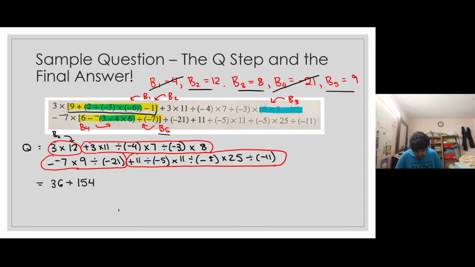Then the next circle we have, again, we can decide if it's positive or negative. In this case, we get negative because we have 1, 2, 3 negative signs. 7 times 9 is 63. 63 divided by 21 is equal to 3. You can also say that 7 divided by 21 gives you 1/3, and then 1/3 times 9 also gives you 3, same thing, so minus 3. And then the whole last circle, divide, again, we can tell our sign is going to be negative, negative, negative, negative, right?